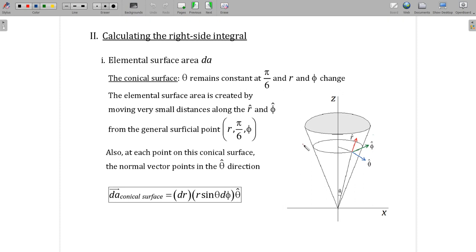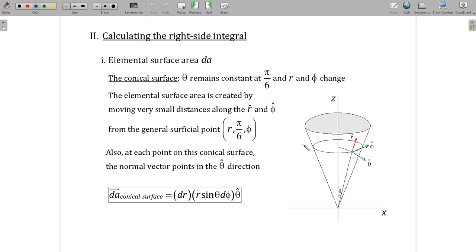Getting the value of the elemental surface area is extremely easy here, because moving on this surface we can only vary r and phi. As long as we only vary r and phi and don't touch theta, we can be completely sure that we are moving entirely on the surface. We are not leaving the surface.